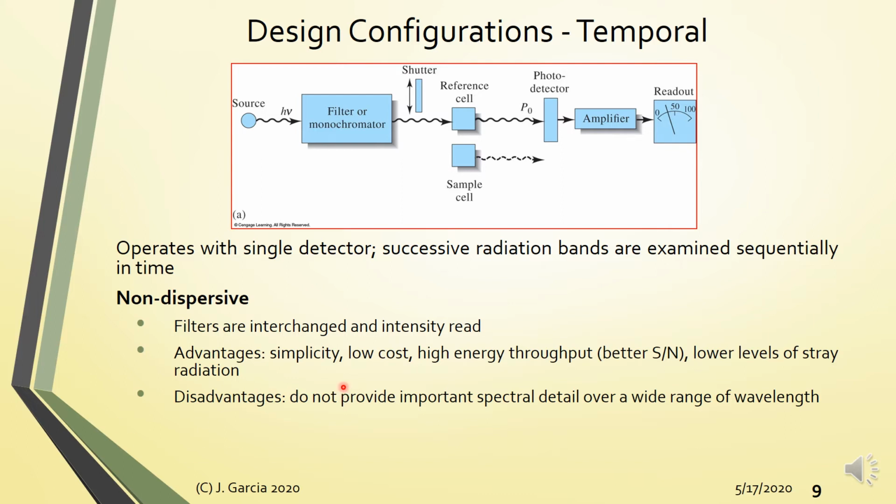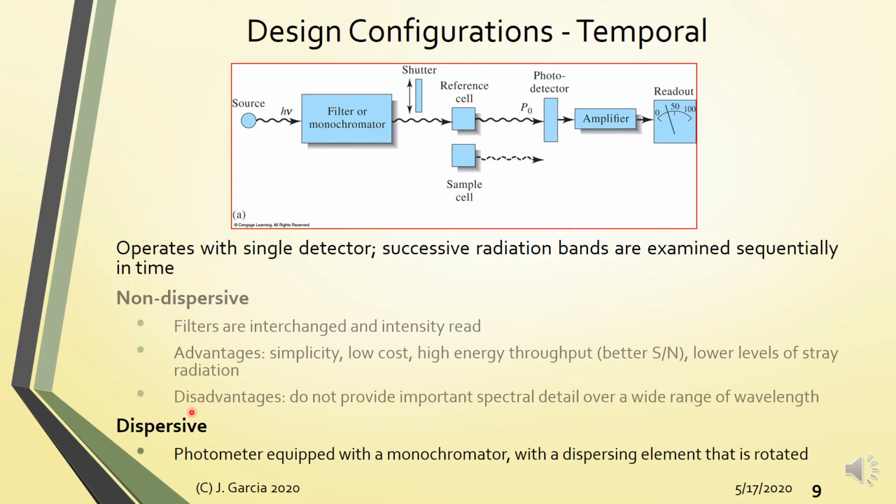But if you're using a dispersive element, it means you are equipped with a monochromator with a dispersing element that is rotated. So, with the monochromator, you would be able to obtain the spectra for your sample.